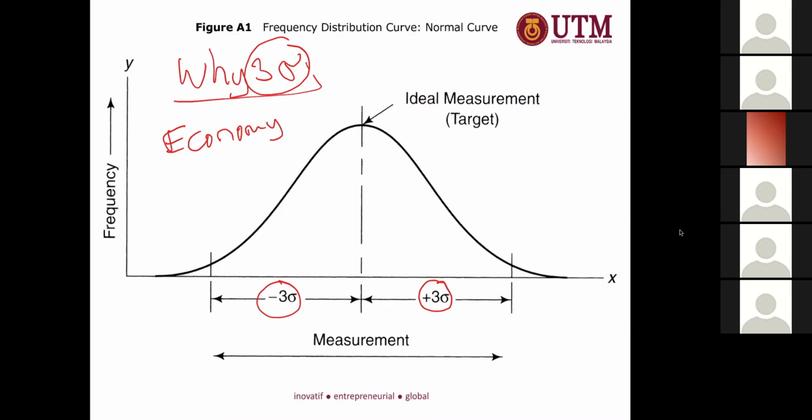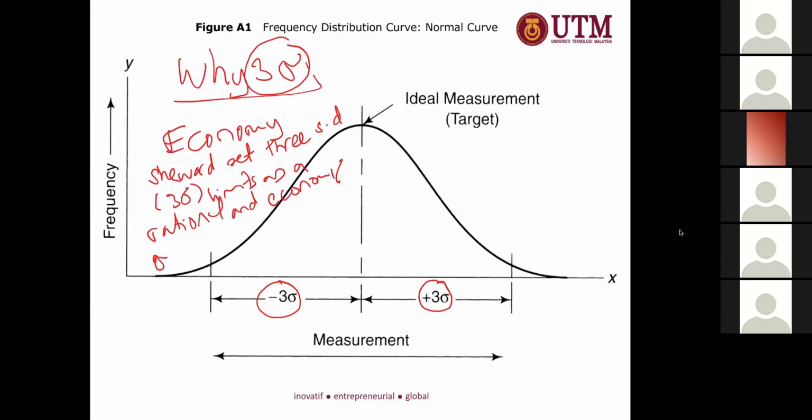I write down here: Shewhart set 3 standard deviation, or 3 sigma limit, as a rational and economic guide to minimum economic loss.